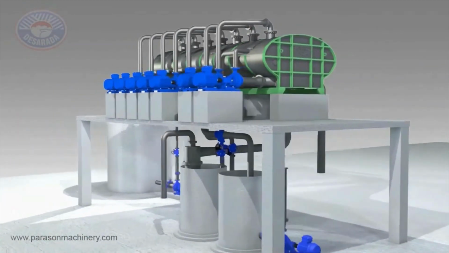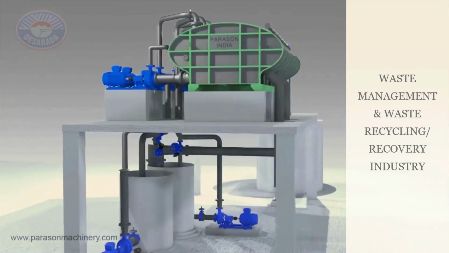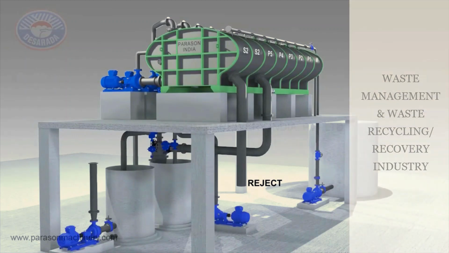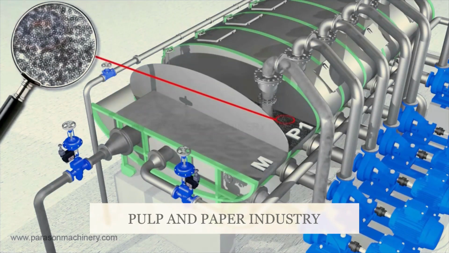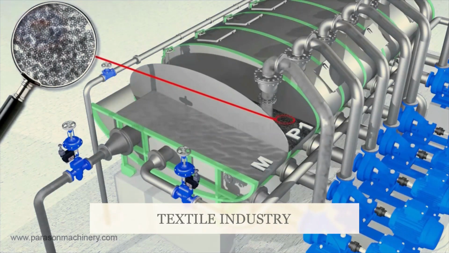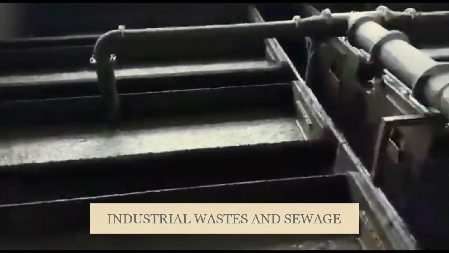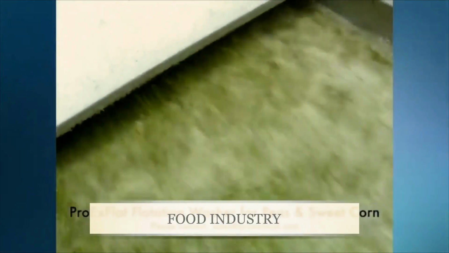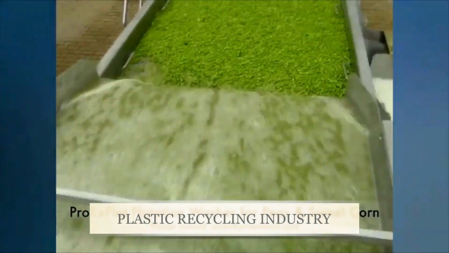Froth flotation also has a significant place in the waste management and waste recycling or recovery industry. Examples of industrial applications of flotation for environmental problem solutions include the pulp and paper industry, textile industry, water purification, industrial waste and sewage, food industry, and plastic recycling industry.